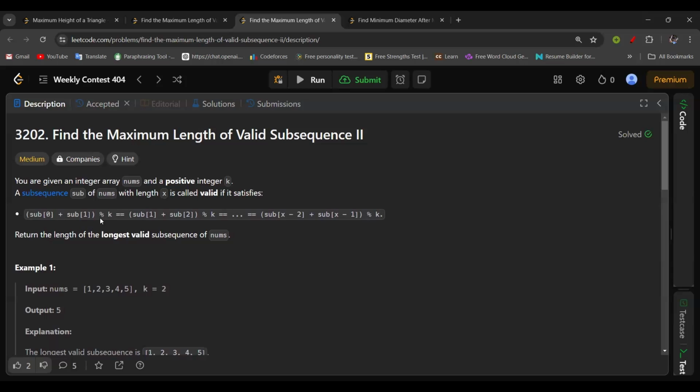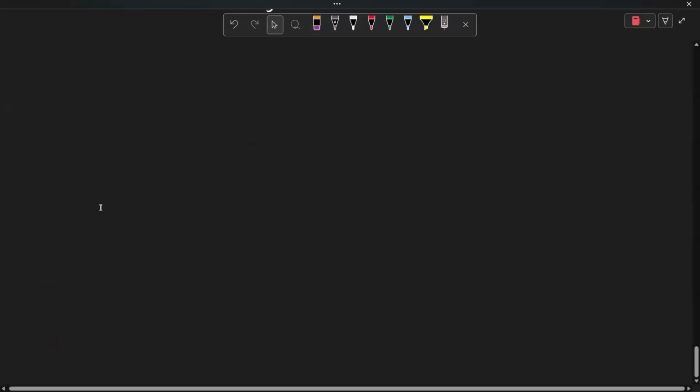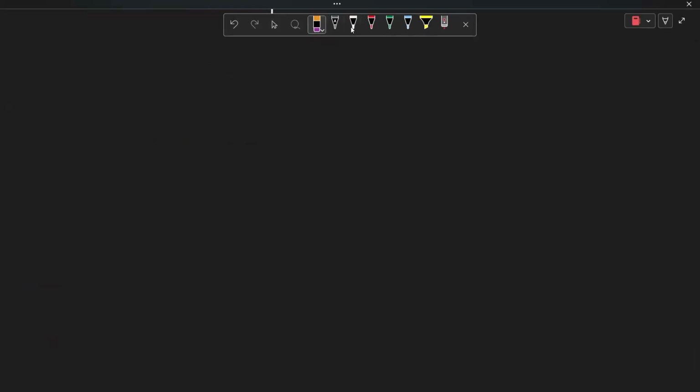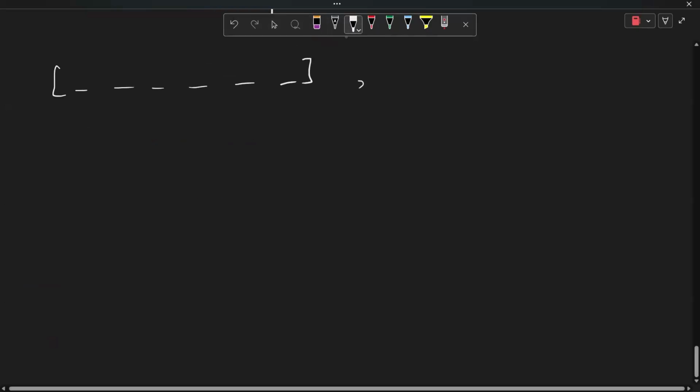So now the problem is changed to we are given an array, and we are also given some k. So this k would be some value of k we are given.